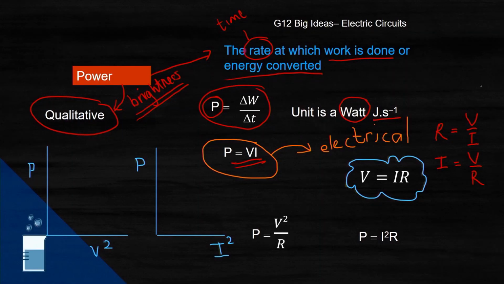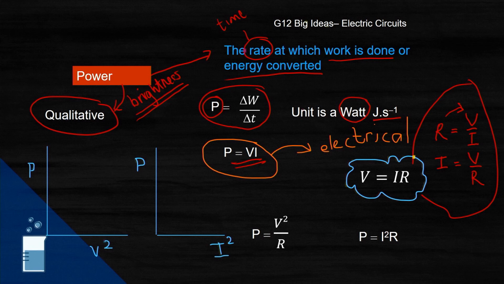When we use Ohm's law and change around the subject of the formula, we from Ohm's law know that the resistance is equal to potential difference divided by current.